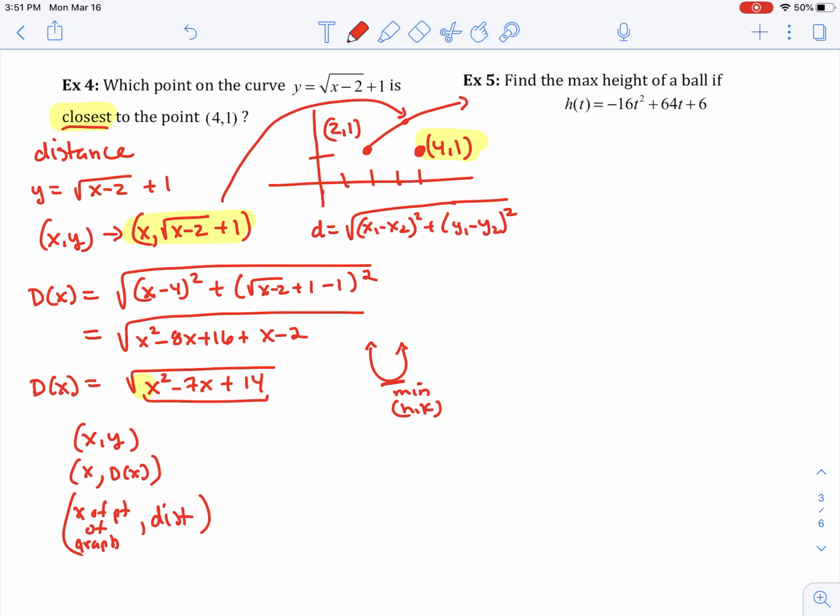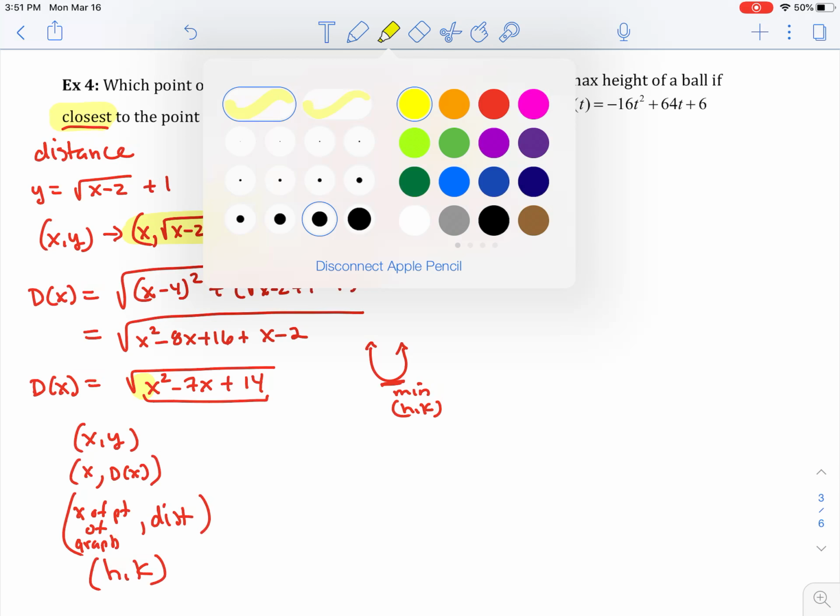So you plug in an x of the point, you're getting out a distance. Every time you plug in an x of the point, you're getting out a different distance. And (h, k) is just another (x, y) point that's on our graph. It just happens to be a special (x, y) point because in this case, it's the lowest point for that quadratic.